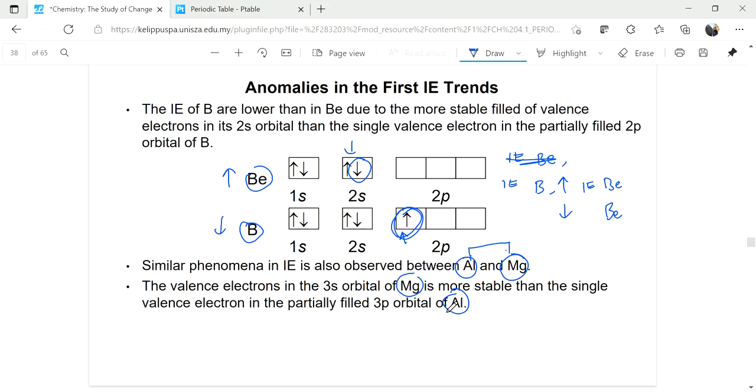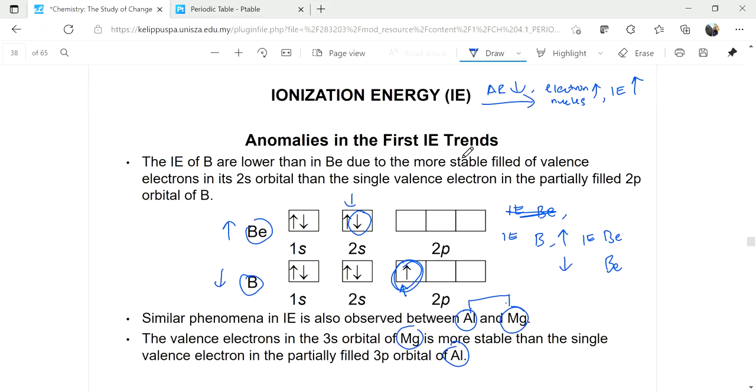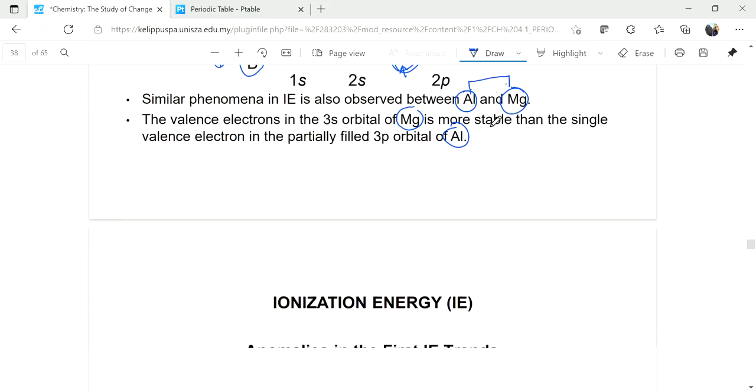So that's why the ionization energy trend of aluminium and magnesium is different from the general trend across the period.